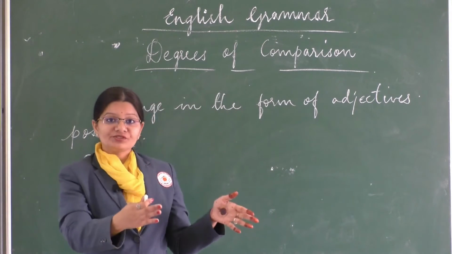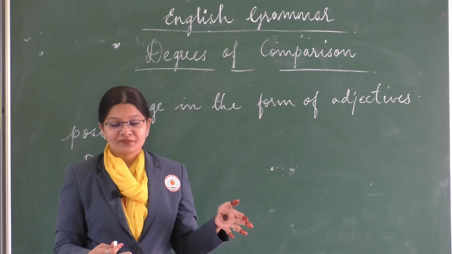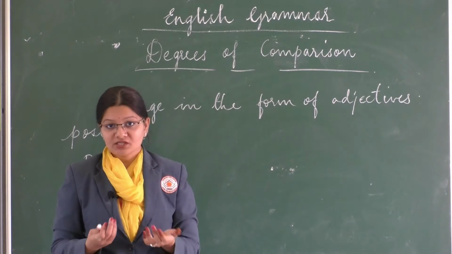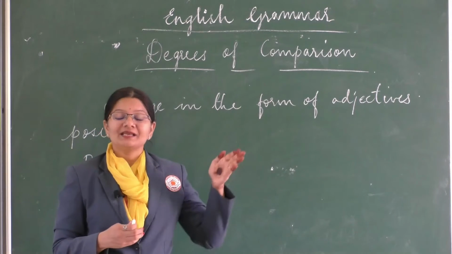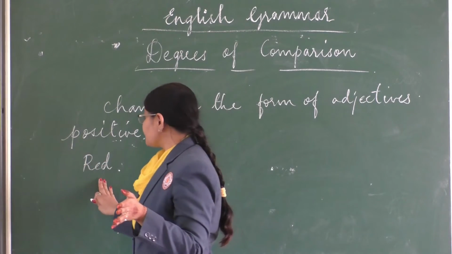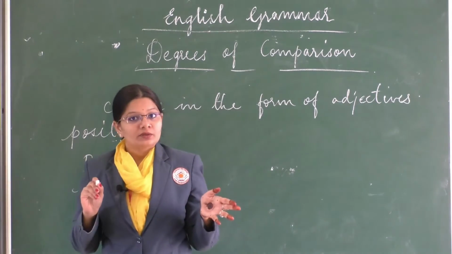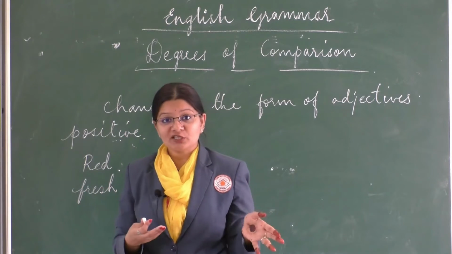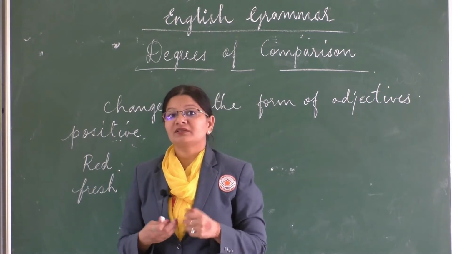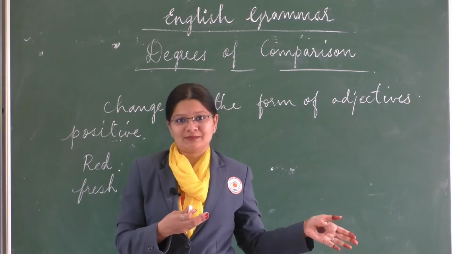Now, when you compare two different roses, you say, no, this rose is much redder than that one, right? Or you would say this rose is much, if I use the positive term here as fresh, the plant or the rose is fresh, then I compare with the other plant's roses, then I would say those roses are much fresher than this.